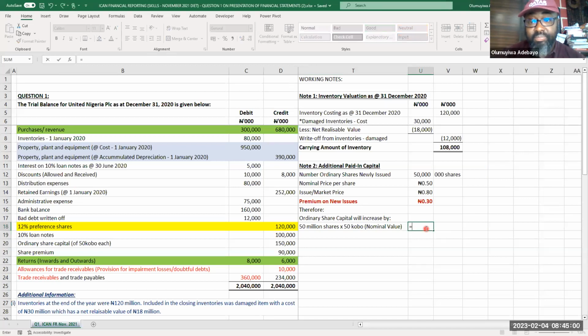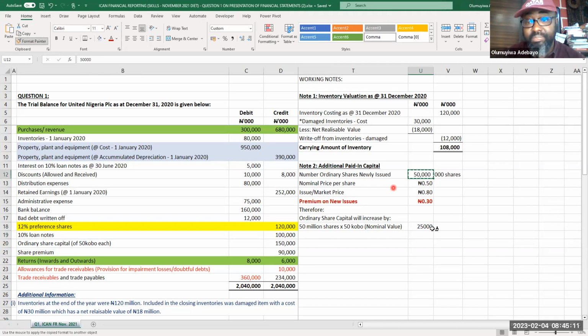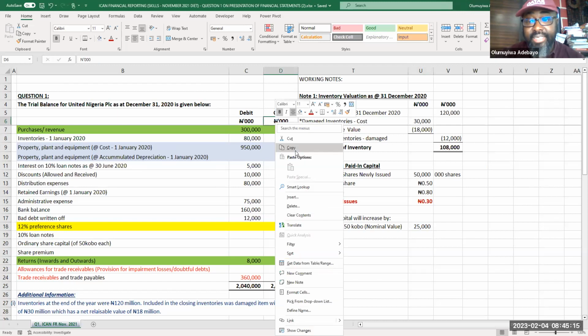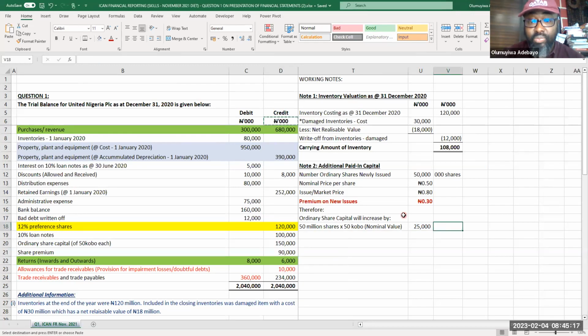And what is that? 50 million multiplied by 50 kobo. That gives me 25. Therefore, 25 in naira, I can put it on top here. That's 25 million.